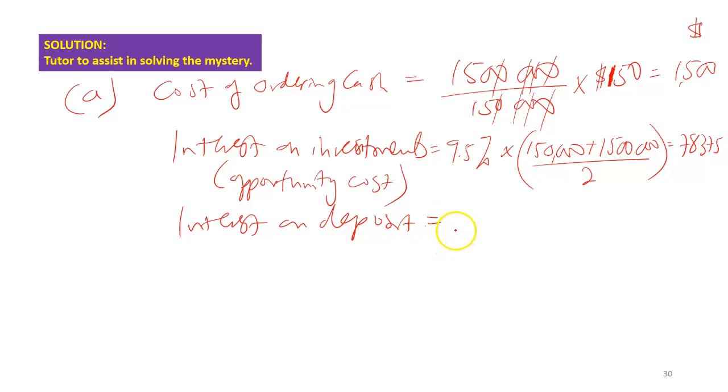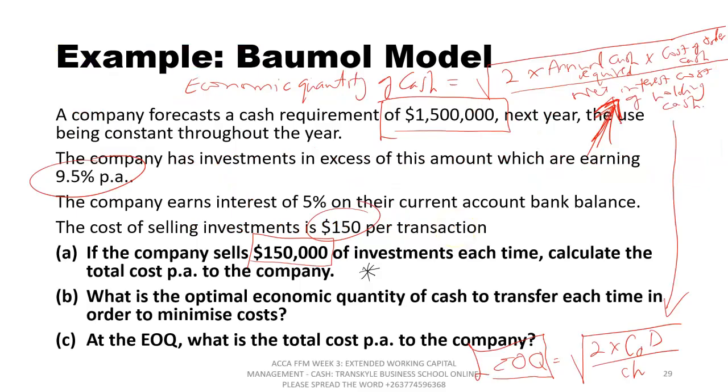So the interest income was how much there? It was earning 5% on current account. That's good.